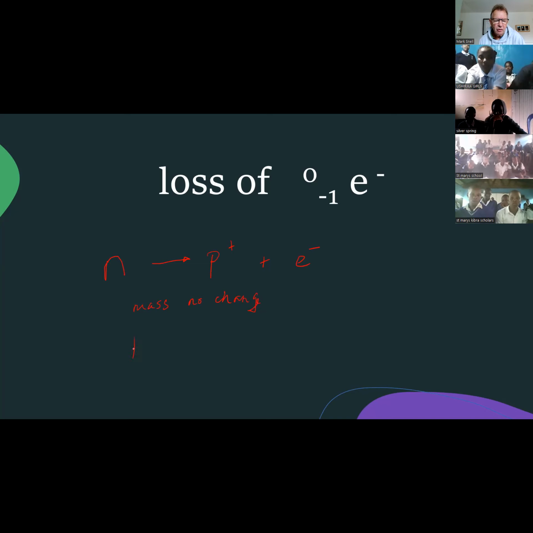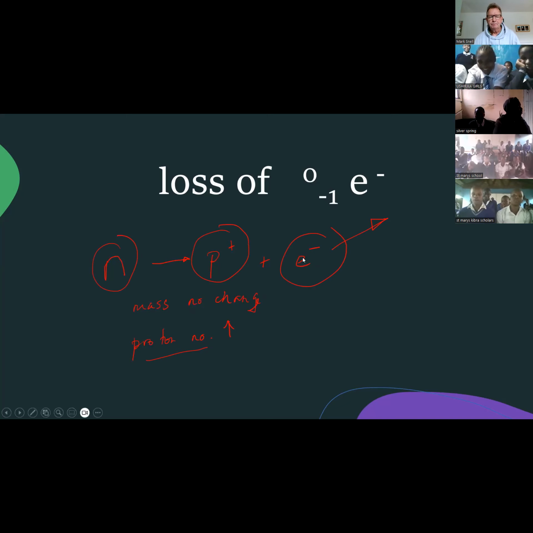But because we've lost a neutron, the proton number increases. Now that's really strange. So when we lose a beta particle, the mass doesn't change at all, but the number of protons increases by 1 because one neutron has become one proton and the beta particle which disappears. Okay, so the proton stays in the atom.